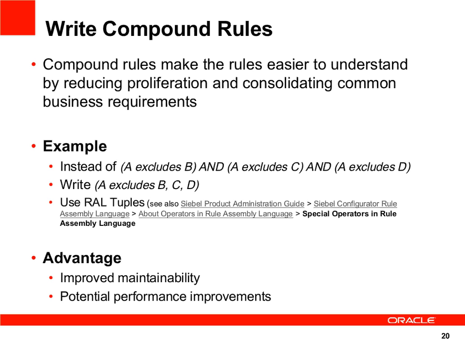This allows you to have only one rule, which might be a replacement for 5, 6, or 10 identical rules where only the operands are different. If you go into the Siebel bookshelf under the product administration guide, you will see some examples of how to use this. The advantage is usually that it improves the maintainability and sometimes can also improve the performance.